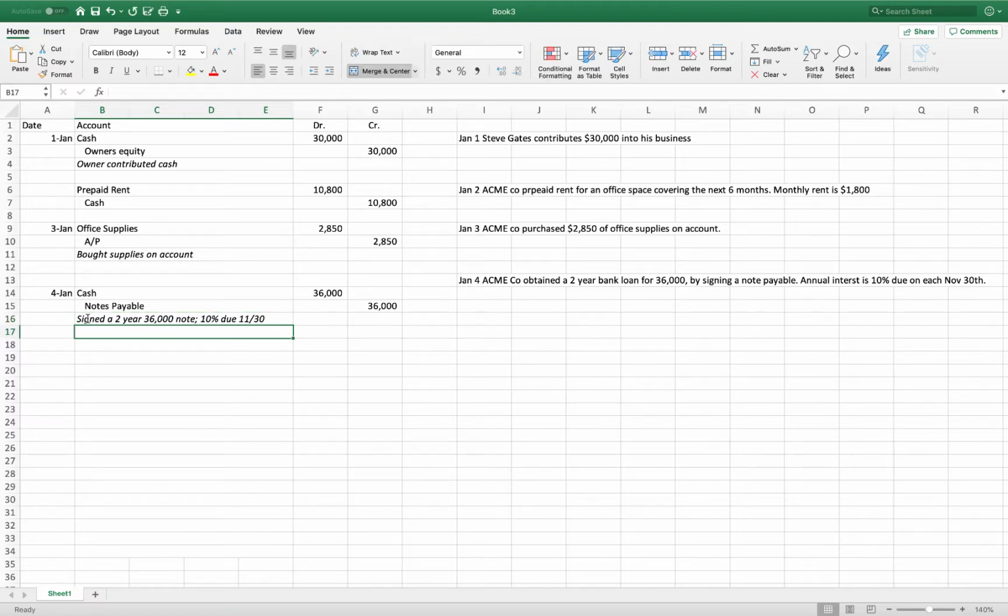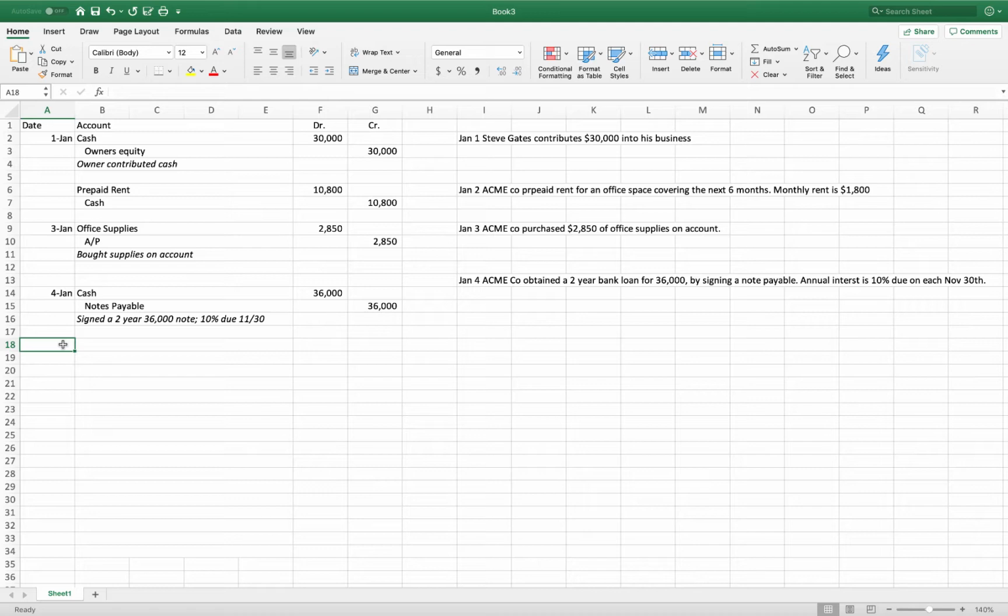So that way I can read this transaction and I can know that, oh, okay, on January 4th, I got cash by signing a note, so I have a liability and I have an asset. It's a 2-year note. I'm going to owe 10% interest, and I have to pay the interest on November 30th. Okay? Skip a space. Always skip a space.